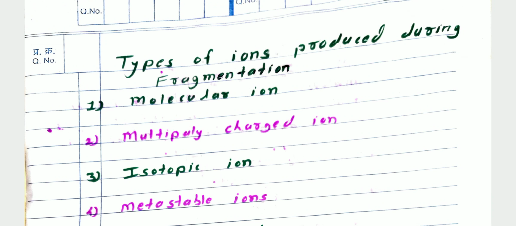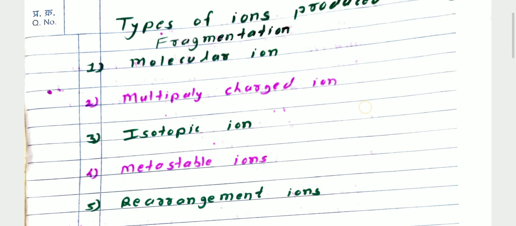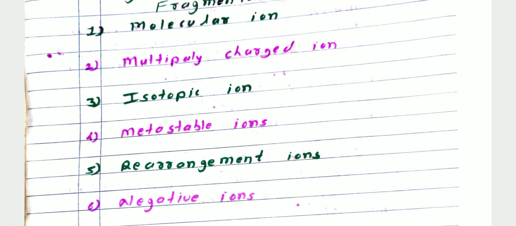Then I am explaining one more ion, the rearrangement ion. Rearrangement ions are formed by transfer of atoms during fragmentation of the molecular ion. You have studied some rearrangement reactions, such as the Pinacol rearrangement and the Wagner-Meerwein rearrangement.